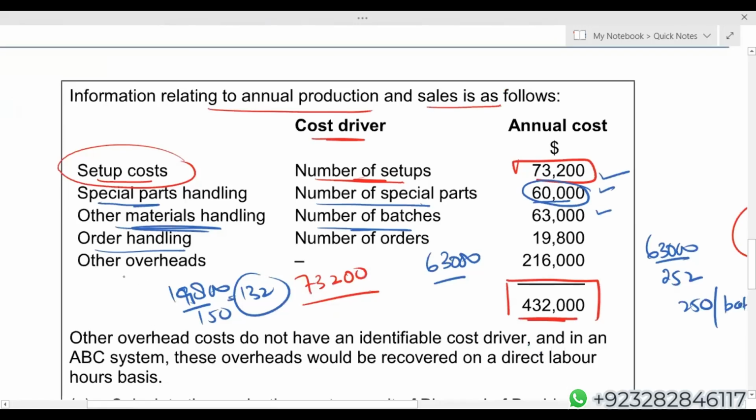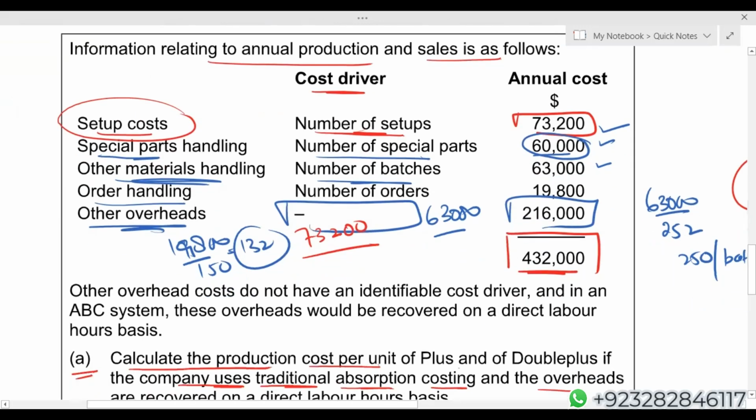We have other overheads. That is 2,16,000, and no cost driver is given. When under ABC no cost driver is given, other overhead costs do not have an identifiable cost driver, and in ABC costing these overheads would be recovered on a direct labor hour basis. So the question says use direct labor hours.